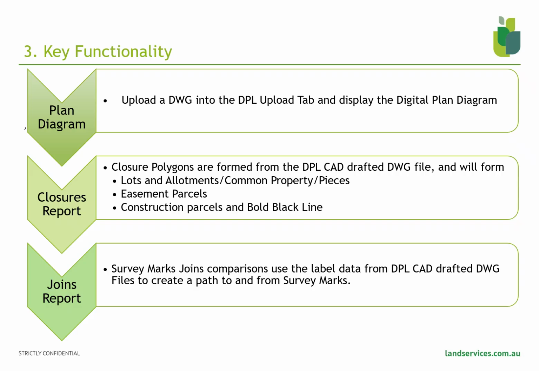A graphical diagram of the plan's data is displayed on the diagram tab, and a background map with SAPA details including road names, surrounding features, and abutting plan details. The new DPL closures and joints report will calculate closures of polygons of lots and allotments, pieces, easements, and construction parcels, and will highlight errors, calculate closures results, and provide a joints report.